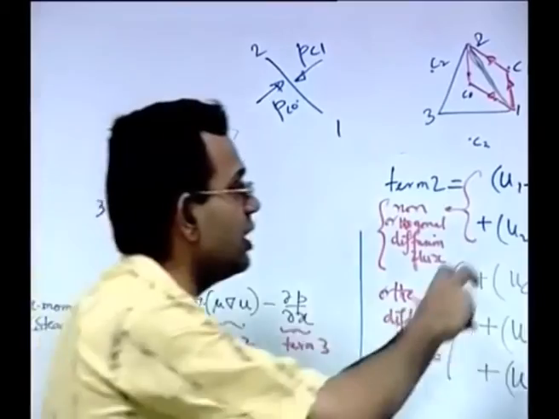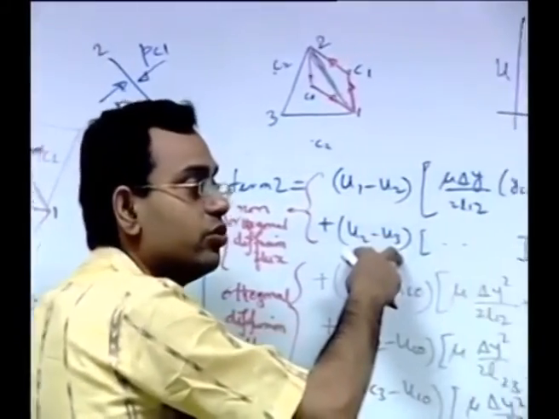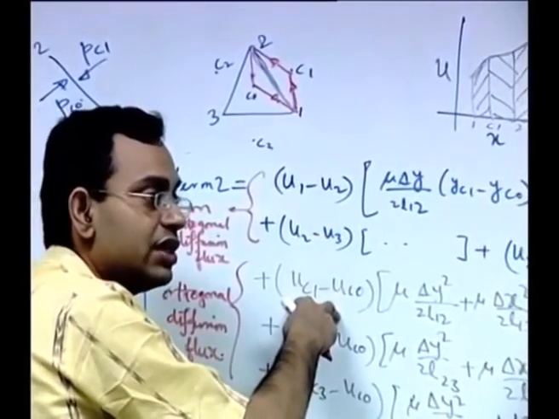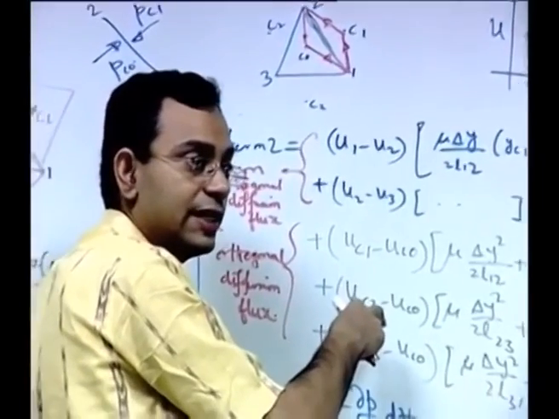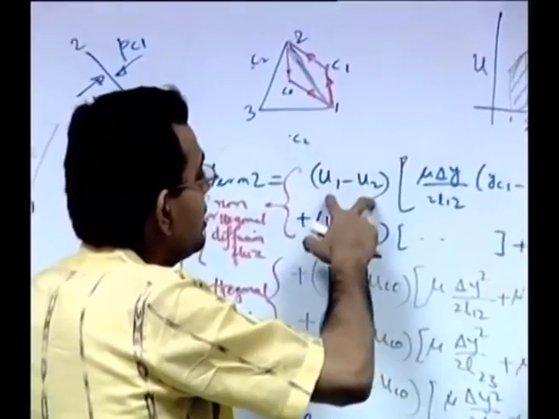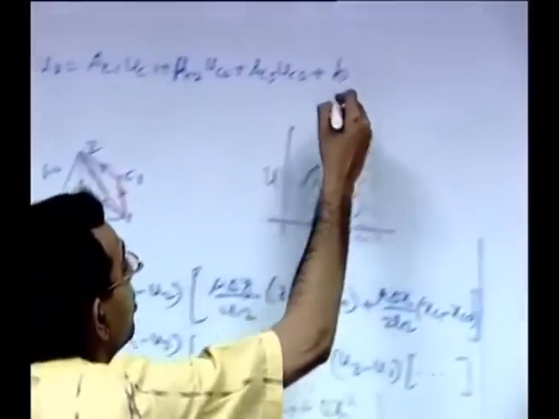In the non-orthogonal diffusion flux you have U1, U2, U3 instead of UC1, UC2, UC3. So this term you dump it in the form of the source term.